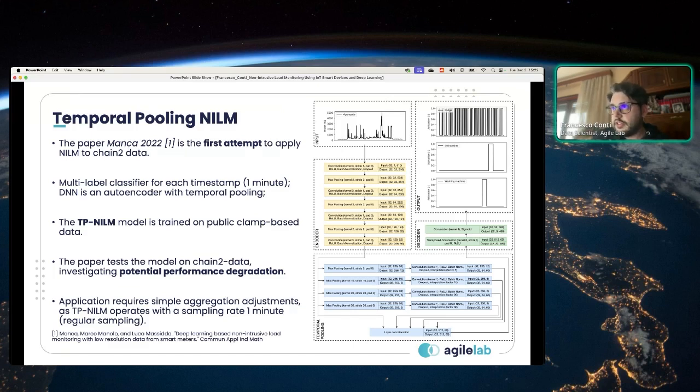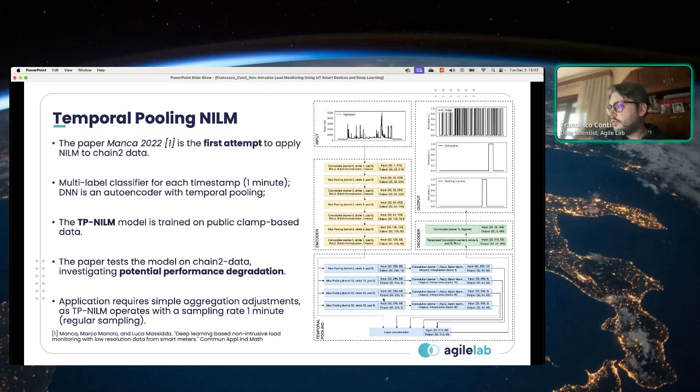As you can imagine, this is an Italian standard. And this study, again, modeled NILM as a multi-label classifier. Here we have an input, a signal over time. You want to solve for each timestamp a binary classification for each appliance. So we have multi-label. And they used a deep neural network autoencoder.